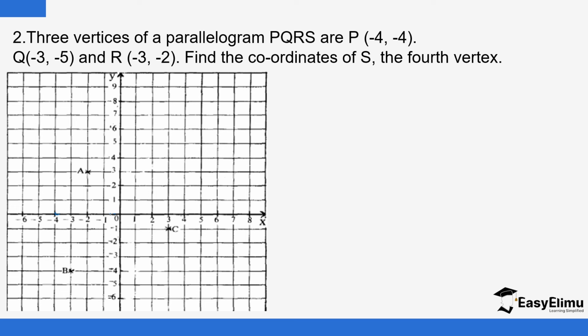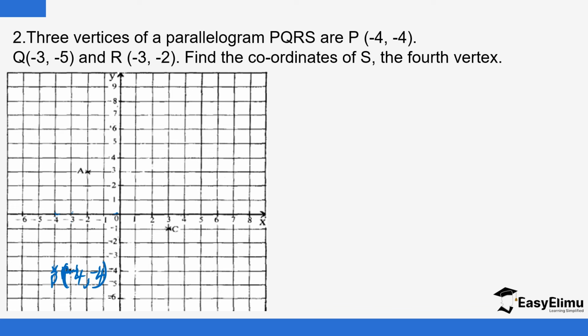Then -4 along the y-axis, so you move downwards. That is point P, (-4, -4).